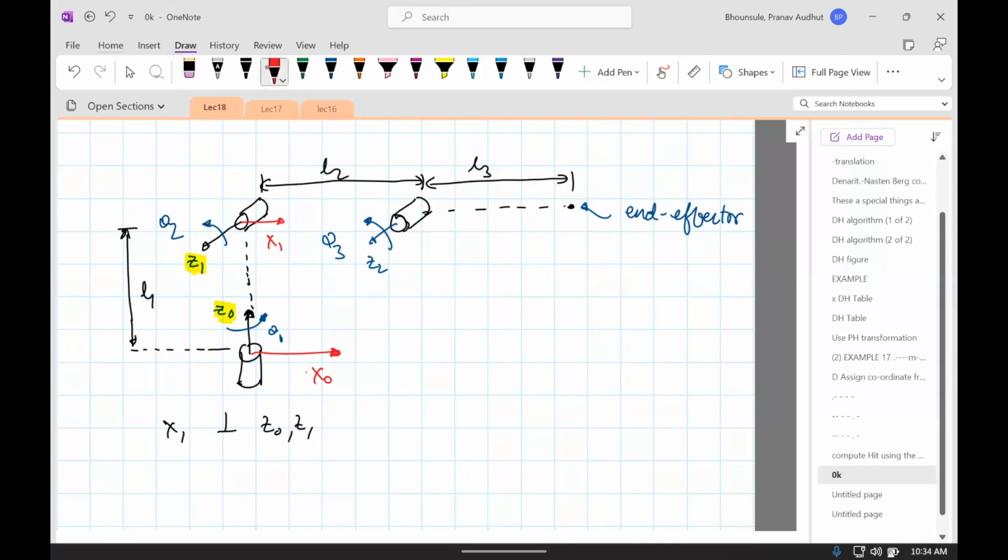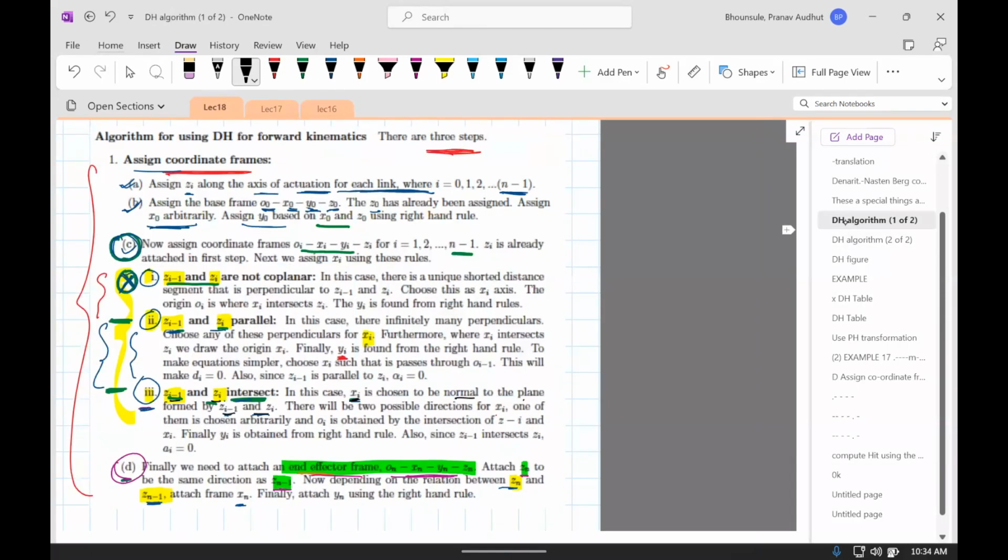Next, we look at the relation between Z1 and Z2. So you can see Z1 is like this. Z2 is like this. The question is is it parallel or is it intersecting? In this case, it's clearly parallel. If it is parallel, then the rule book says there are infinitely many perpendiculars. Choose any of these perpendiculars for Xi.